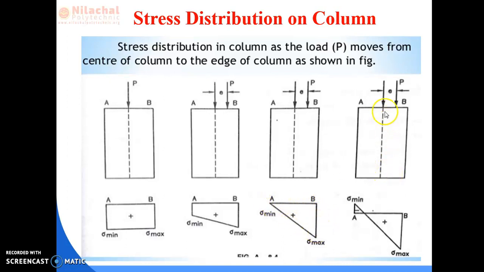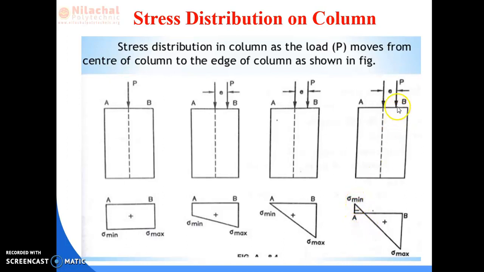If the eccentric load effect is less than that of the applied direct load, then the maximum stress will be more and the minimum stress will be above the horizontal line, and that will be a minimum stress.